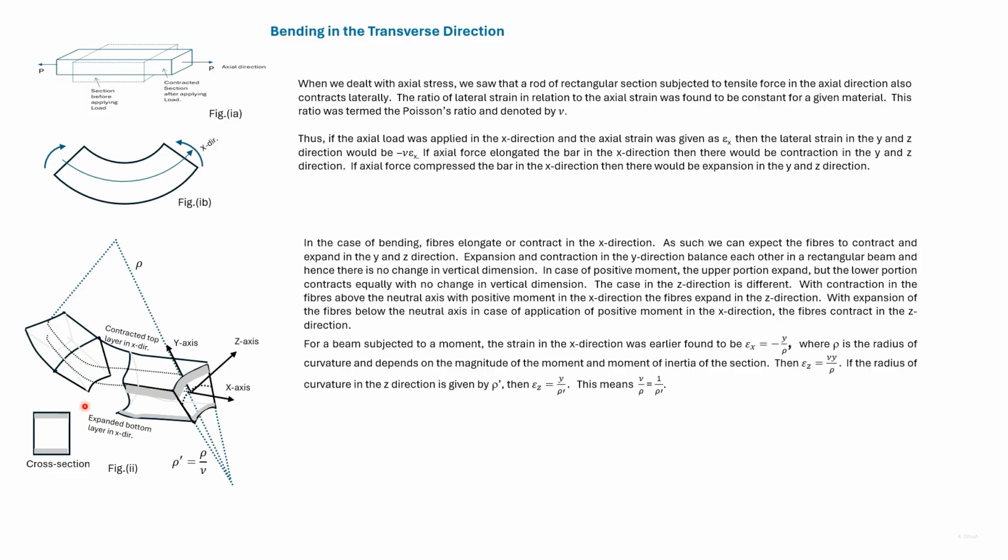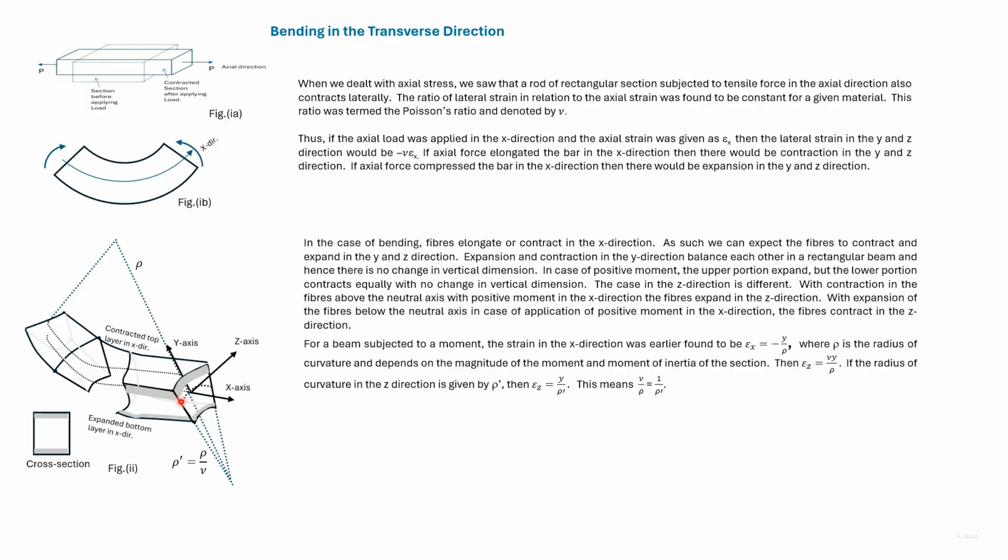So this top layer is shown expanded in the y direction here. Now consider the bottom layer. In the x direction, there has been expansion and we expect contraction in the y direction. So the bottom layer is shown contracted here.